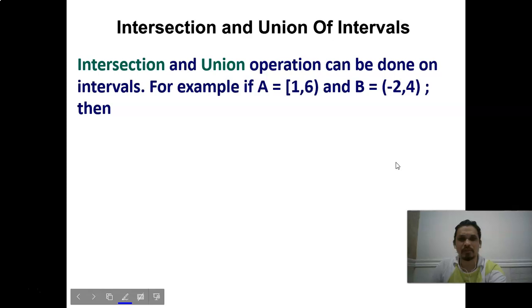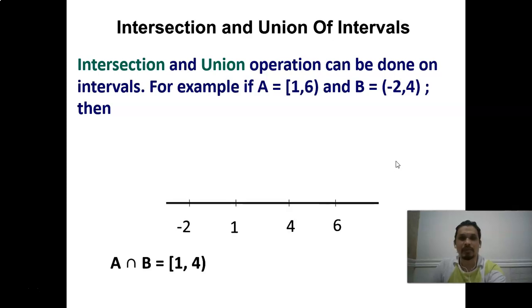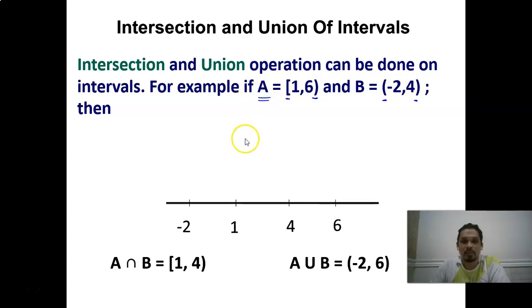Intersection and union of intervals. Okay, so now intersection and union operations can be done on intervals. For example, if A is (1, 6]. Look at this one here now, it is a closed bracket and open bracket, open and open. So let's take the first, we call it A here, it is 1 until 6, 1 with a closed bracket here until 6.